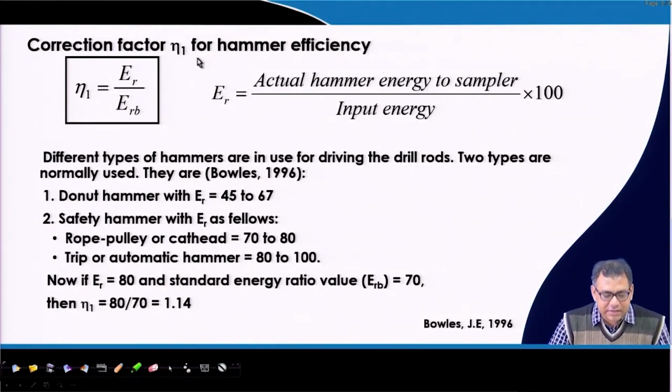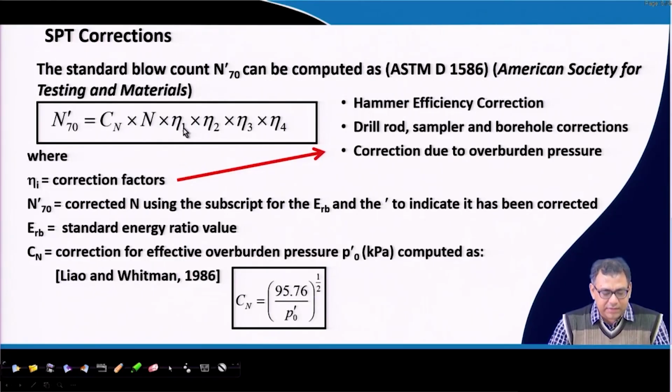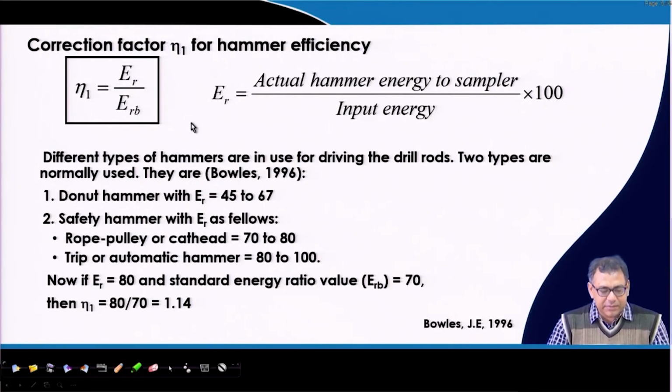The first correction is eta 1, the hammer efficiency correction, then eta 2, eta 3, eta 4 are the other corrections. Now, what is the hammer efficiency correction? This hammer efficiency correction is the ratio of ER and ERB. What is ER? We know that for the standard penetration test, this is the hammer weight and this is the hammer height of fall.